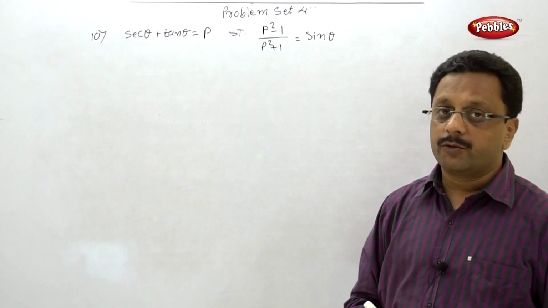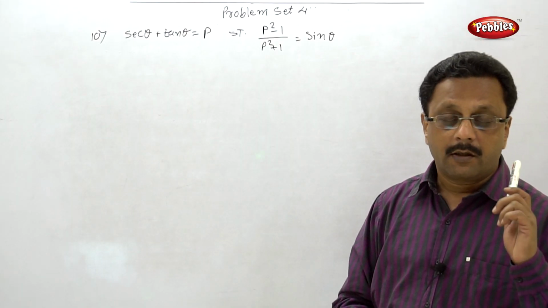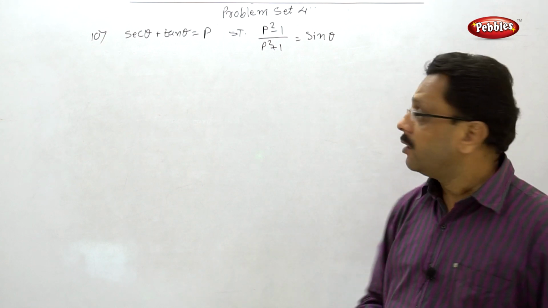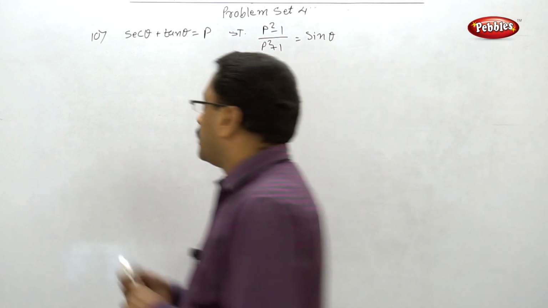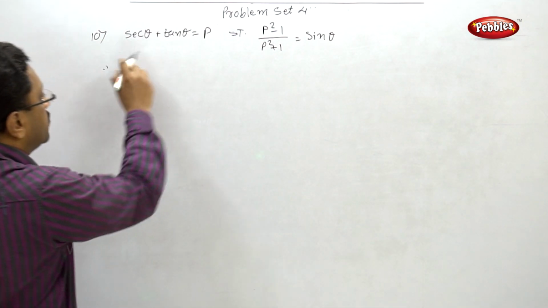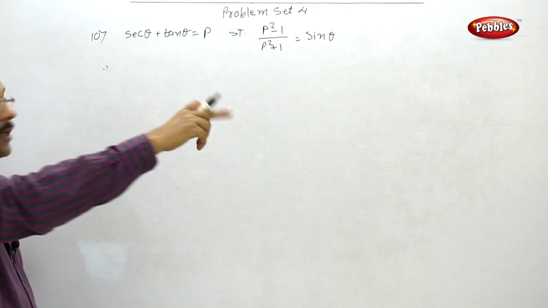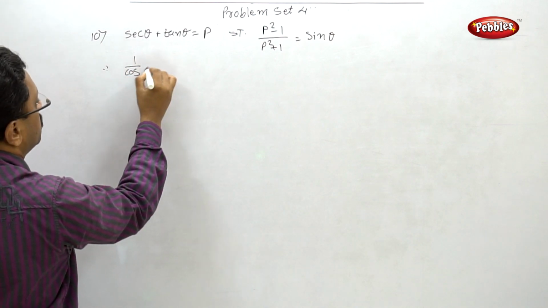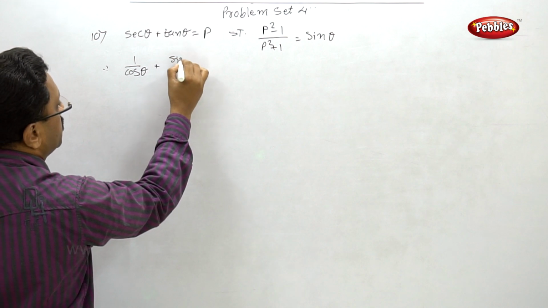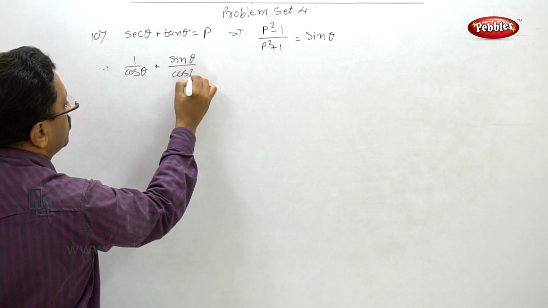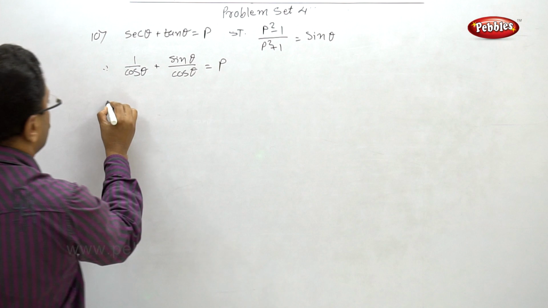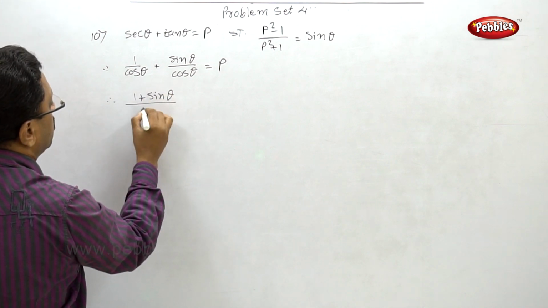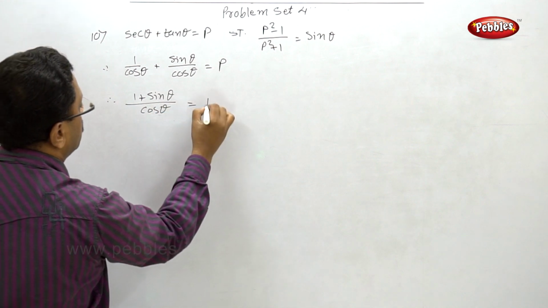Here also we have to use many algebraic identities or formulas. Okay, let us start with the left hand side. Now since I want sine there, I will substitute by sine and cos. So I have 1 upon cos theta plus sine theta upon cos theta equal to P. So I have 1 plus sine theta upon cos theta equal to P.